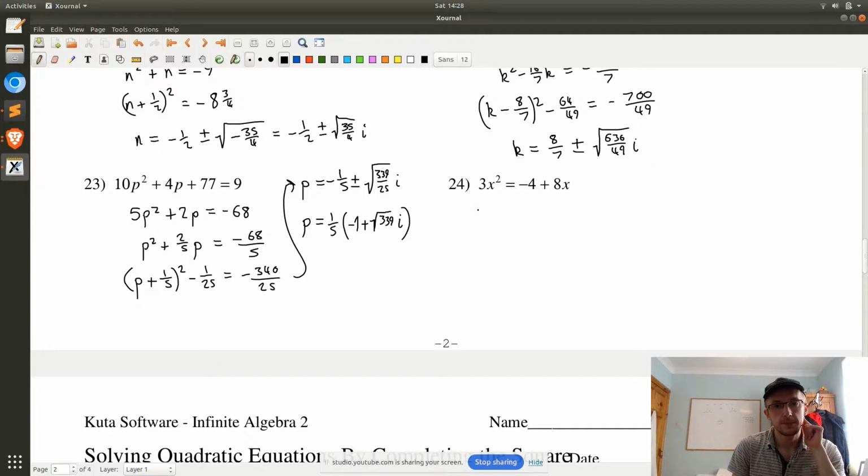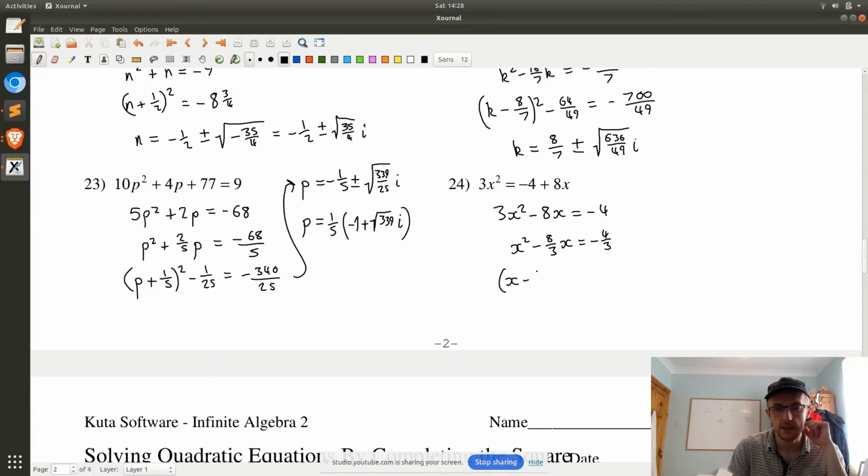Next up, this. Bring out 3. Just divide everything through by 3. Trust me, you'll be needing it. Then complete the square.